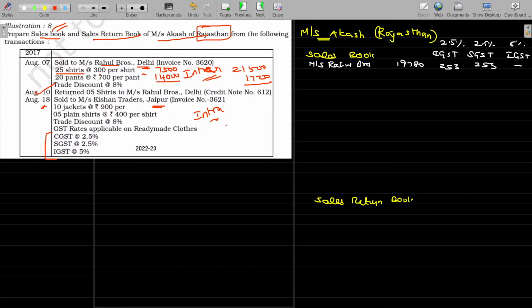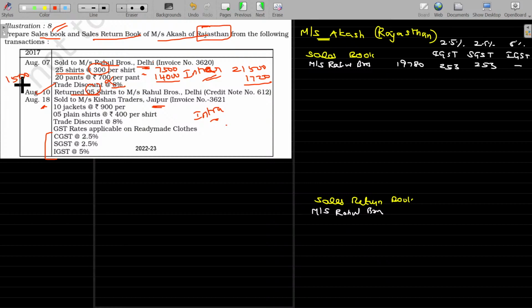And 10th August returned 5 shirts to Mrs. Rahul Brothers. In that, there is a return, Mrs. Rahul Brothers. And 5 shirts, per shirt rupees 300. Multiply these two, so 1,500.